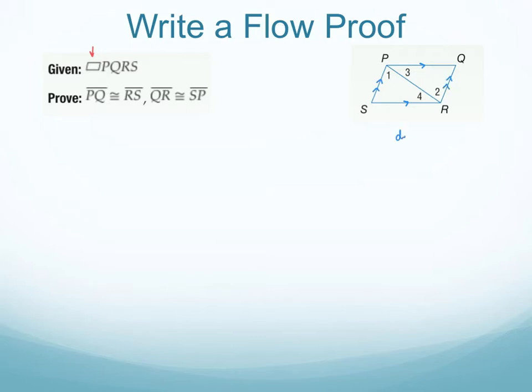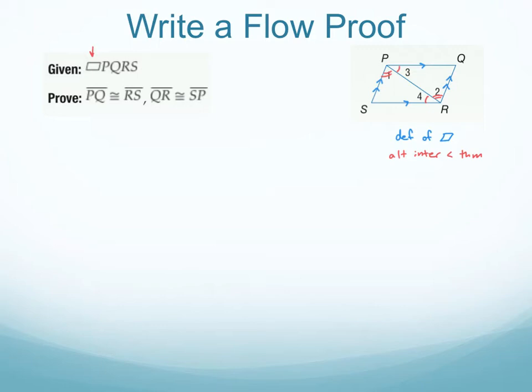And that's going to be the definition of parallelograms. And then because I have parallel lines, I also have parallel line angle relations. So I know that 3 is congruent to 4 and 1 is congruent to 2 because of the alternate interior angle theorem. Okay. Like I told you in that unit, those things don't go away.